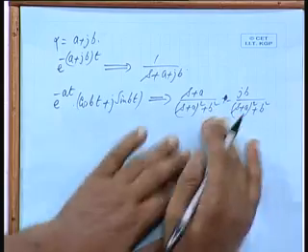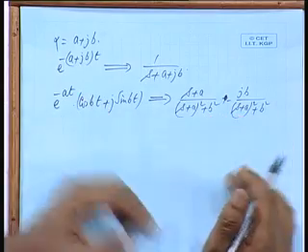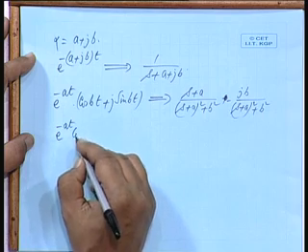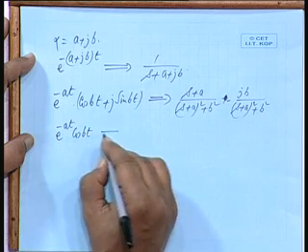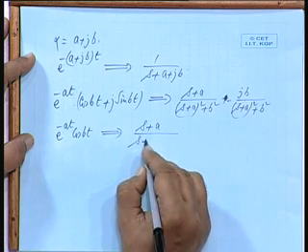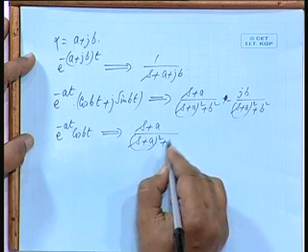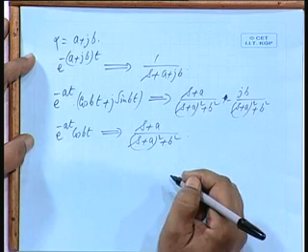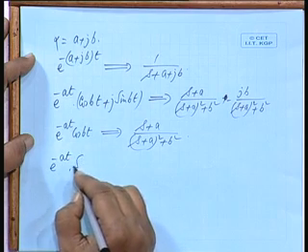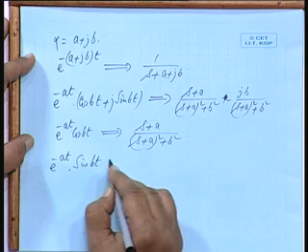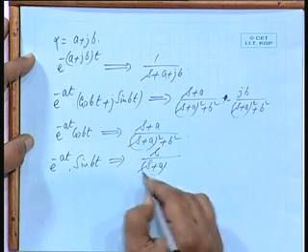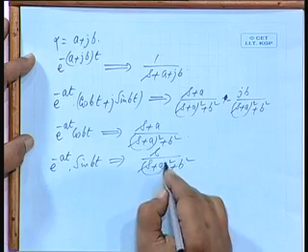Equate the real parts and the imaginary parts, then e to the power minus at cosine bt will give me s plus a by s plus a whole squared plus b squared. e to the power minus at sine bt will be b by s plus a whole square plus b square.